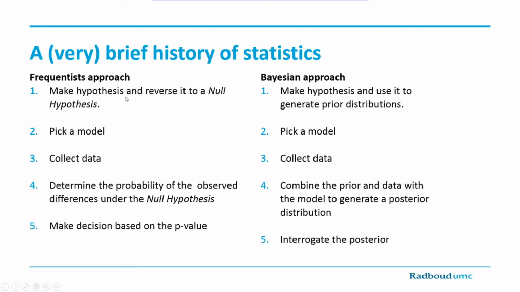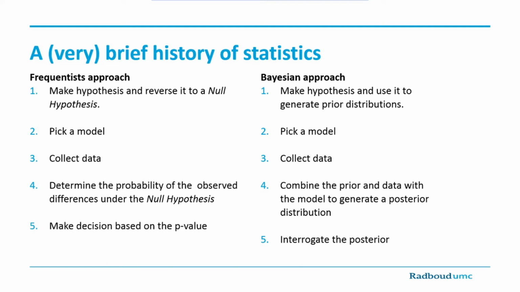So for instance, treatment A is better to achieve a lower blood pressure than treatment B, and then you reverse this into what we call a null hypothesis, which is basically not saying treatment A is better than B, but it's saying treatment A and B have a similar effect, which is the null hypothesis.